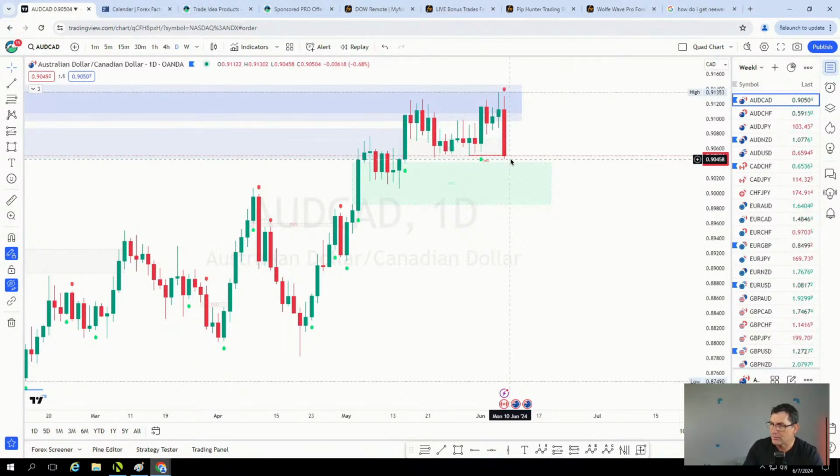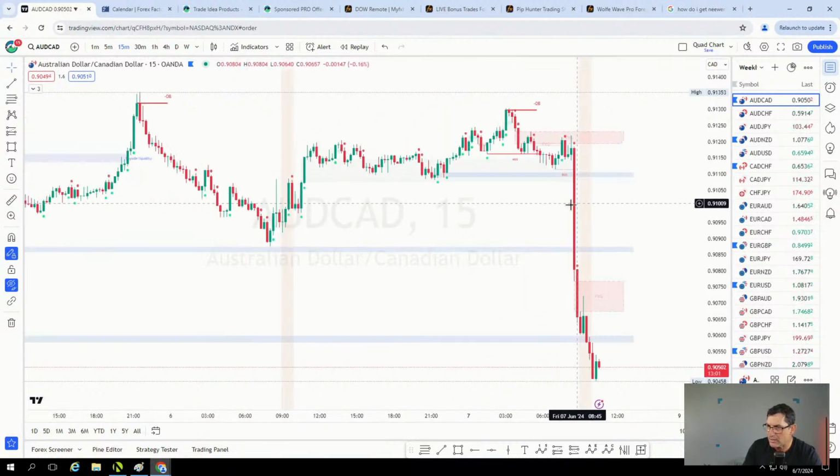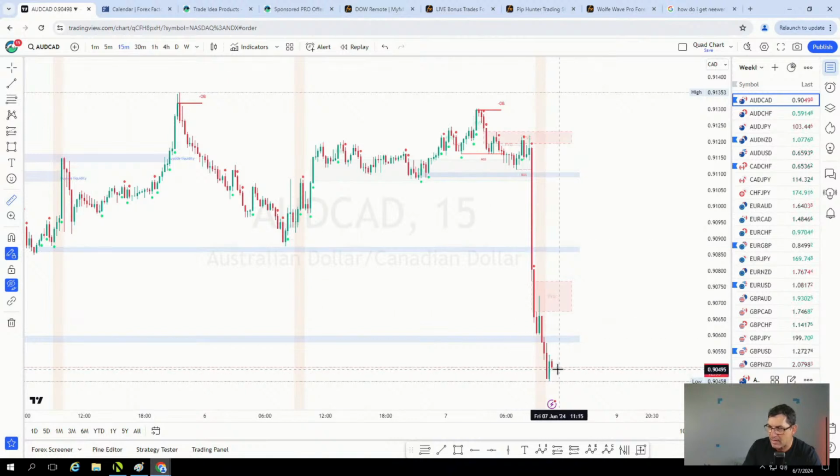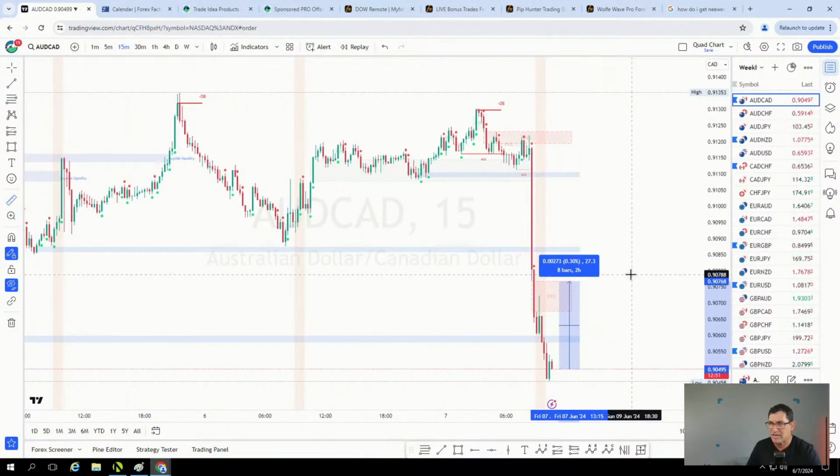But what I'm going to do here is go down to the lower time frame right here, and I'm going to break something down. So traders, as you can see here, there's that fair value gap that Cameron's referring to right here, and the market's going to fill it up. That's a 27 pip rally. Now, I'm going to be okay if I get in on this 25 pip, if I re-enter back on here again, and the market does continue to head back down south.